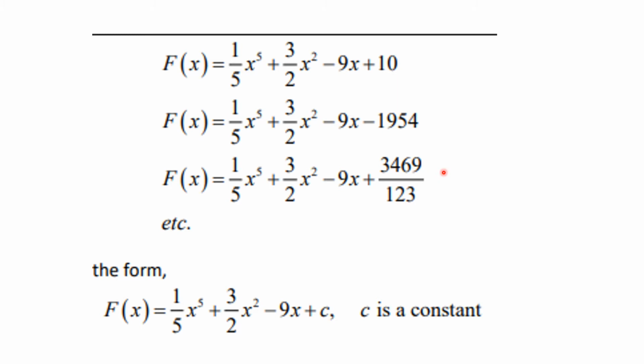Or you could have written this, where instead of minus 1954, the constant is 3,469 over 123. You see, any of those would work. In fact, the form of the answer is a function capital F of x equal 1 over 5 x to the fifth plus 3 over 2 x squared minus 9x plus c, where c is any constant.